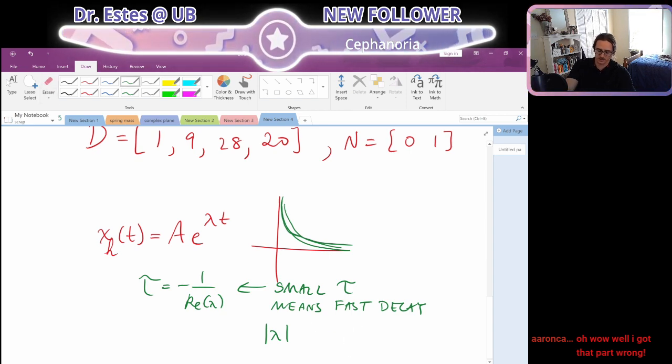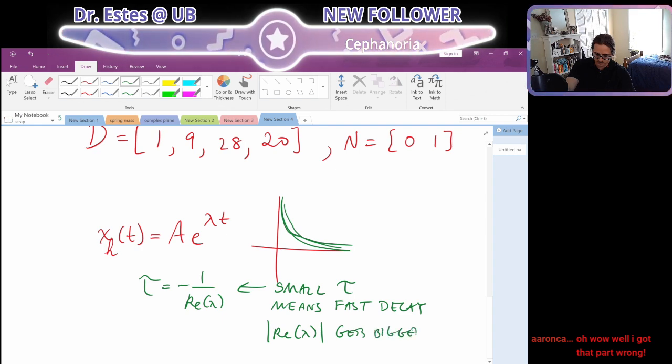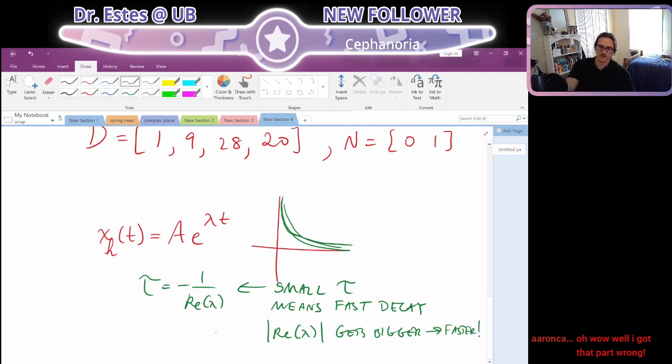If the magnitude of the real part of the root is big, because if you divide by a big number, then the time constant becomes smaller. So I want this number to be really big.